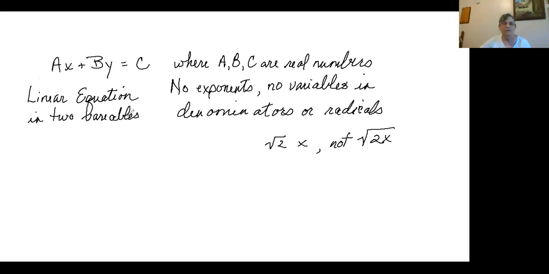We usually know we're working in 2-dimensional space, so we don't constantly say that it's in 2 variables. It's called that because the graph is a straight line. We're going to do a lot more about lines later on.